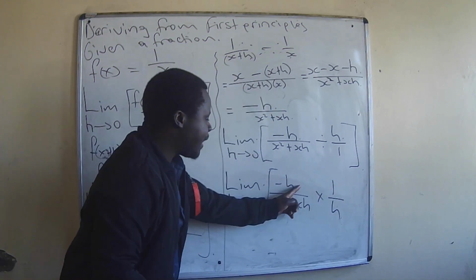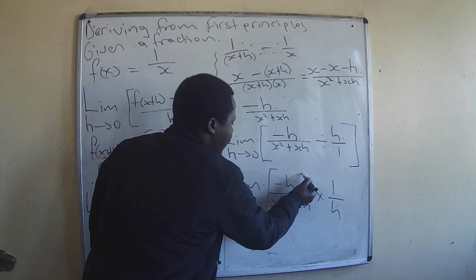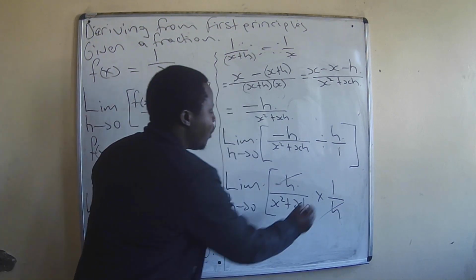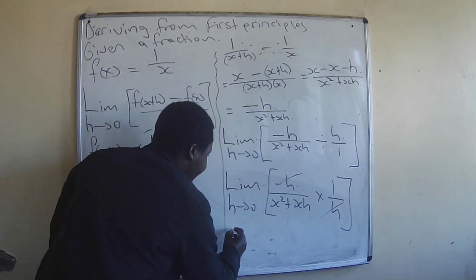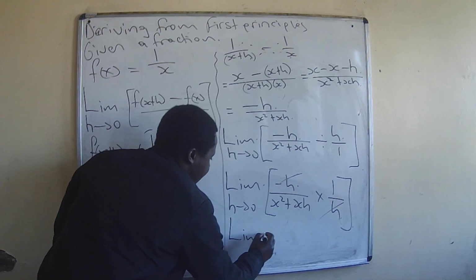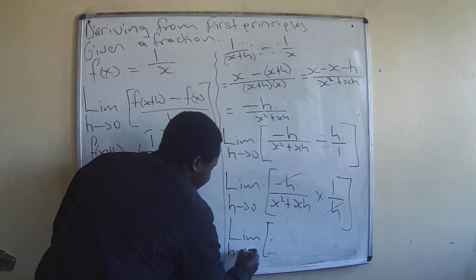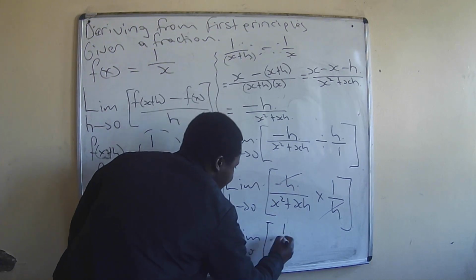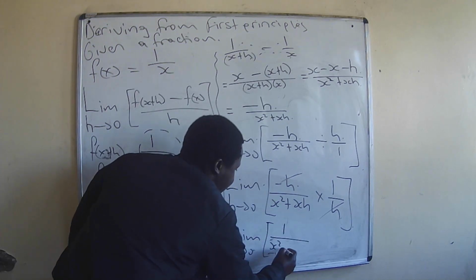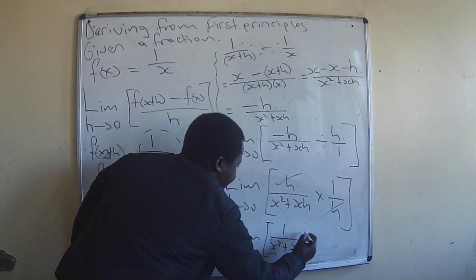Once we've done that, these are going to cancel, these are going to cancel. When they cancel, we are left with limits as h tends to 0 of 1 over x squared plus xh.